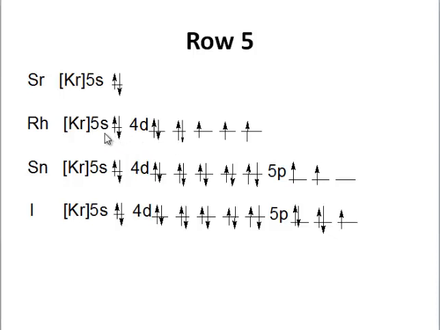So here is rhodium with the 5s subshell filled, and 7 electrons in the 4d subshell. Tin has the 5s and 4d subshells filled, and we predict 2 5p electrons.